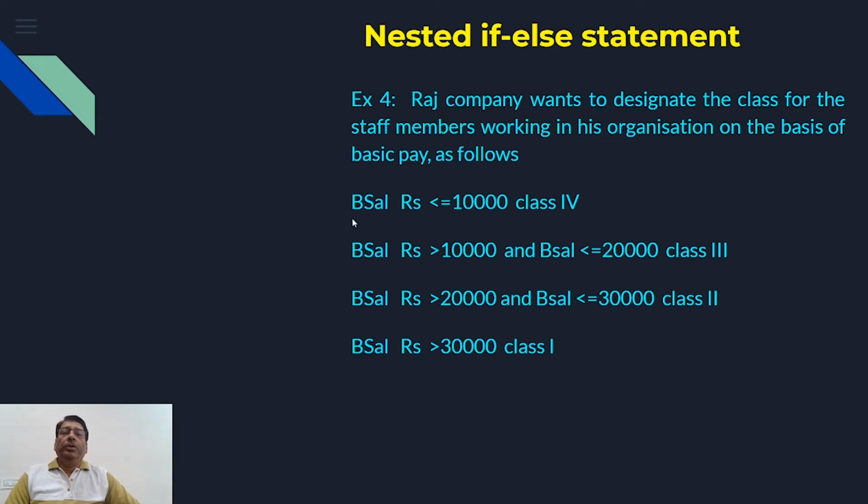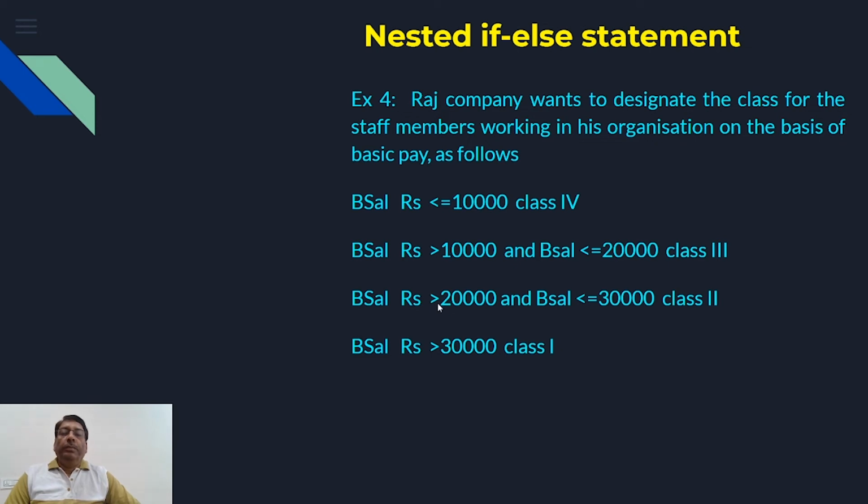So what you need to do again, you are supposed to accept the basic salary, and if your salary happens to be less than or equal to 10,000, then you are going to designate the employee as class 4 employee. If it is going to be greater than 10,000 and less than 20,000, you are going to designate the employee as class 3 employee.